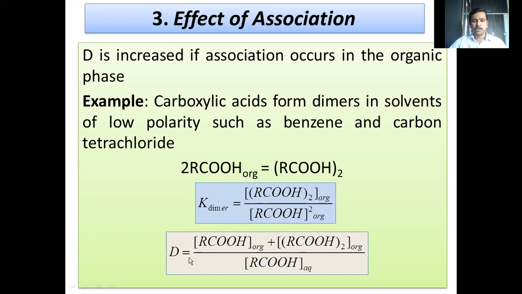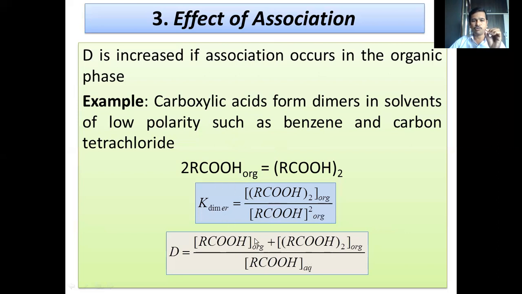All right. Let us come to the value of D, the distribution ratio. Distribution ratio reflects the total concentration of the analyte. Here, carboxylic acid has been extracted into the organic solvent. So in the organic solvent, carboxylic acid is present, maybe in its free form or in the dimer form.